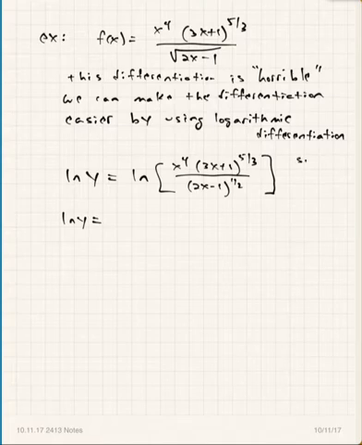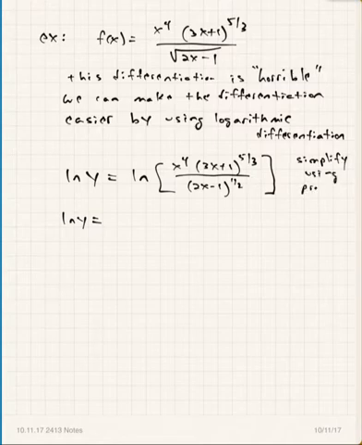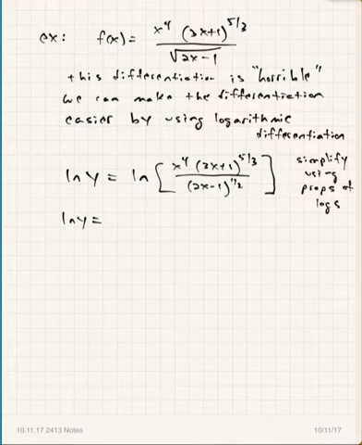So simplify using properties of logs. When you do that, it depends on how good you are at this. You can streamline this process and skip over some steps, and I think that's not necessarily unreasonable here.